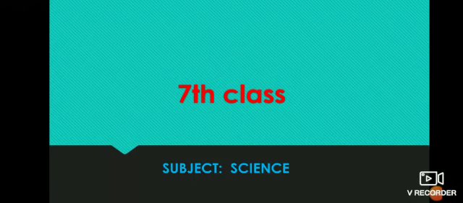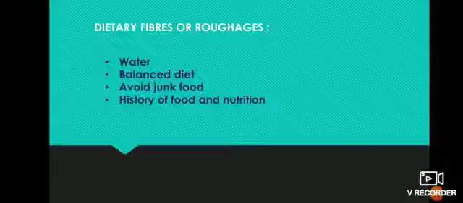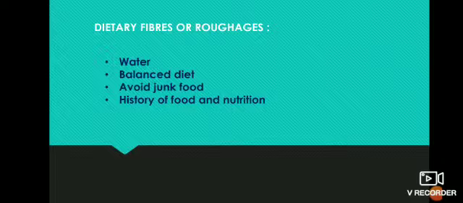Now in this session we are going to learn about dietary fibers or roughages, water as an essential component, balanced diet and how to avoid junk food, why to avoid junk food, and the history of food and nutrition.